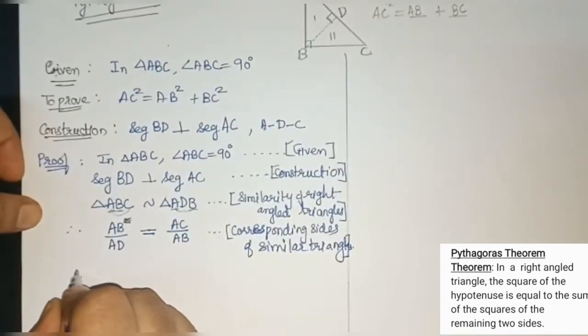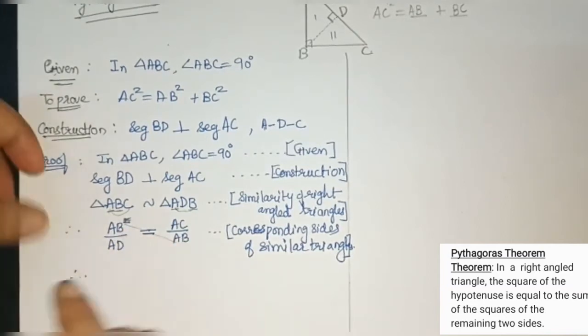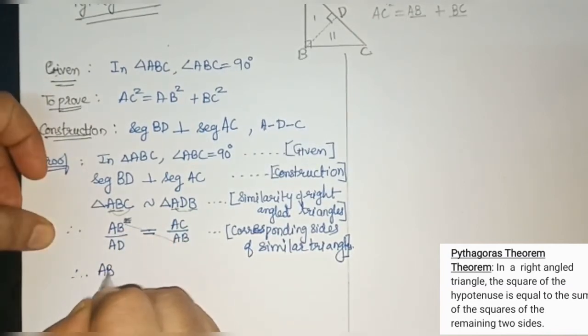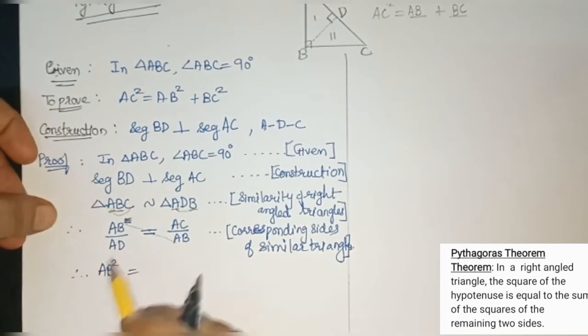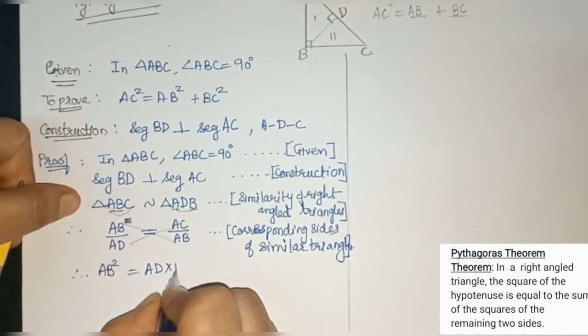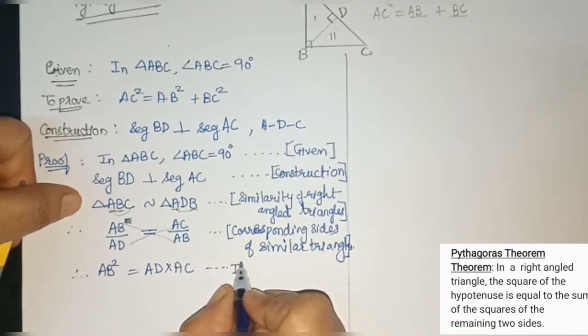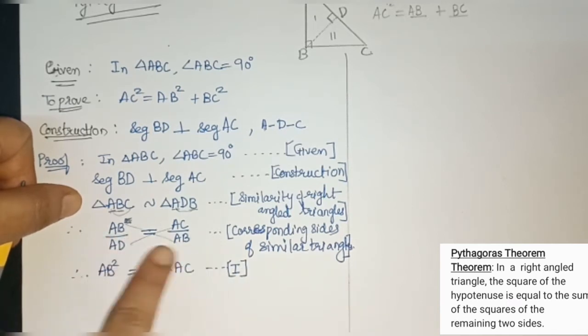Now, therefore, if we do the cross multiplication, we will get AB square is equal to AD multiplied by AC, and for this statement we will say statement number 1. This statement number 1 we have got because of the cross multiplication of these ratios.